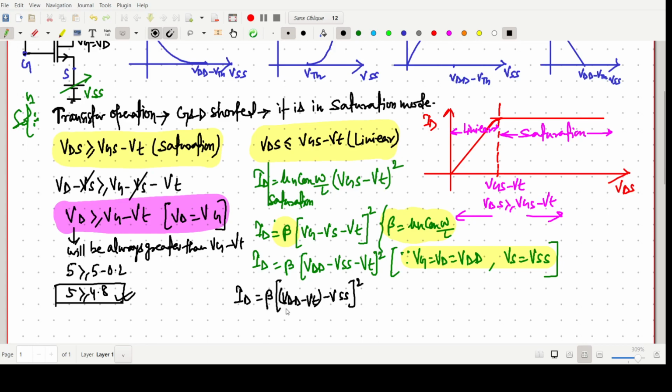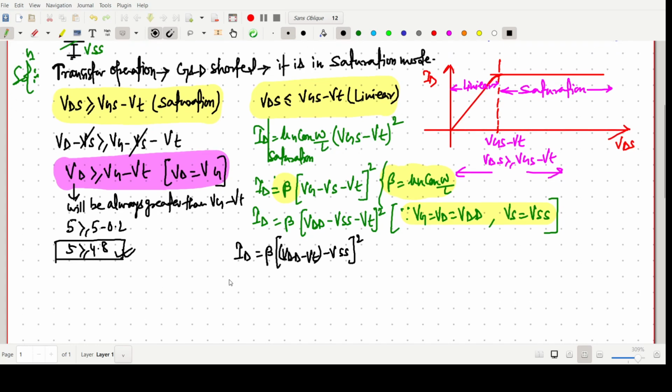I am doing it step by step, going with the more fundamental formula. You could directly write the x vertex and y vertex, but expanding: (VDD minus VT) whole square plus VSS square minus twice (VDD minus VT) into VSS.